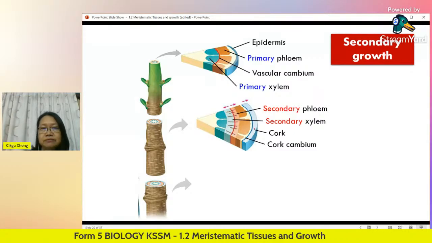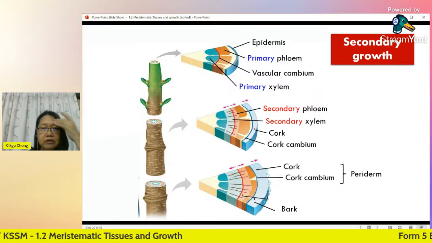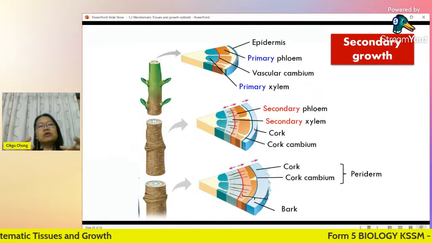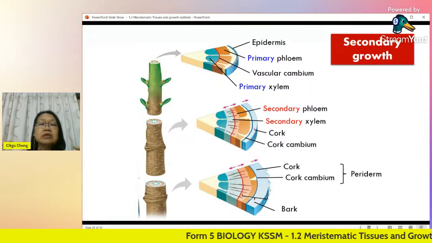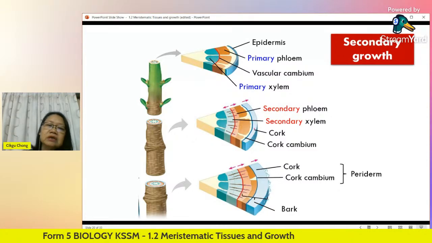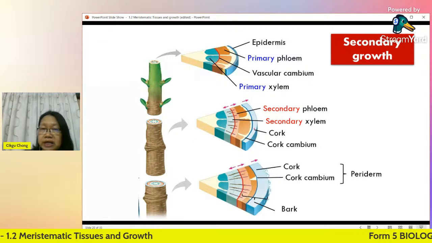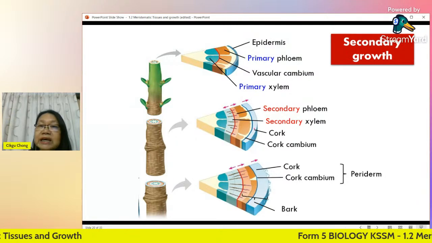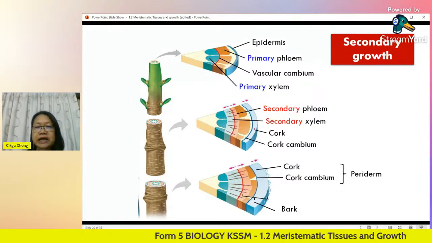Give another year, probably older, you'll find that the layer will increase, the diameter of the stem increases. Okay, and it forms the periderm, which is a combination of the cork and the cork cambium, and also there's the bark there. So that's why the kulit kayu is actually bark, or it involves a few layers of tissues.